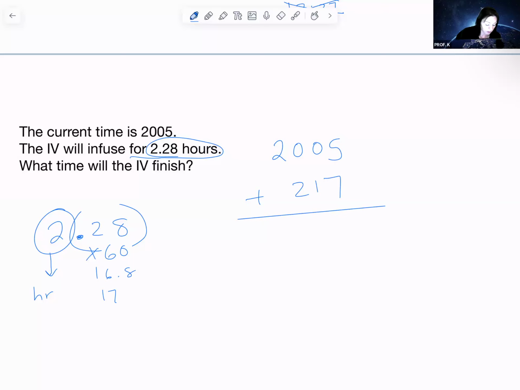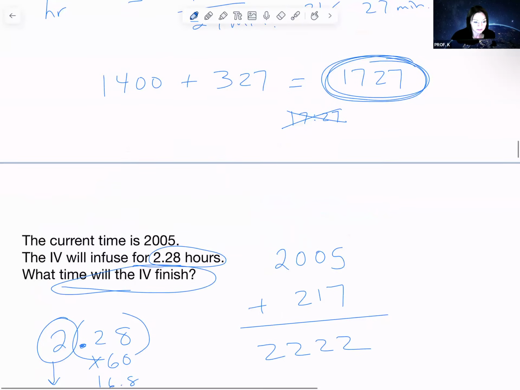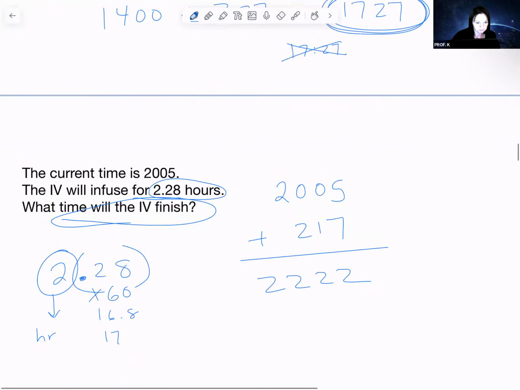And I'm going to show you why when we do the problem. So the answer to this one is, what time will the IV finish? The exact time? 22:22. So let's do the problems so you understand what I'm talking about.